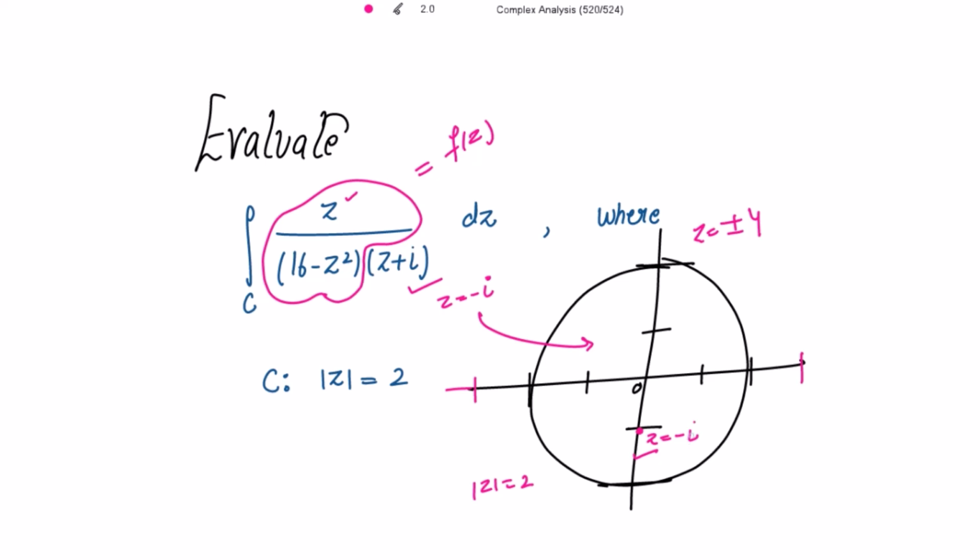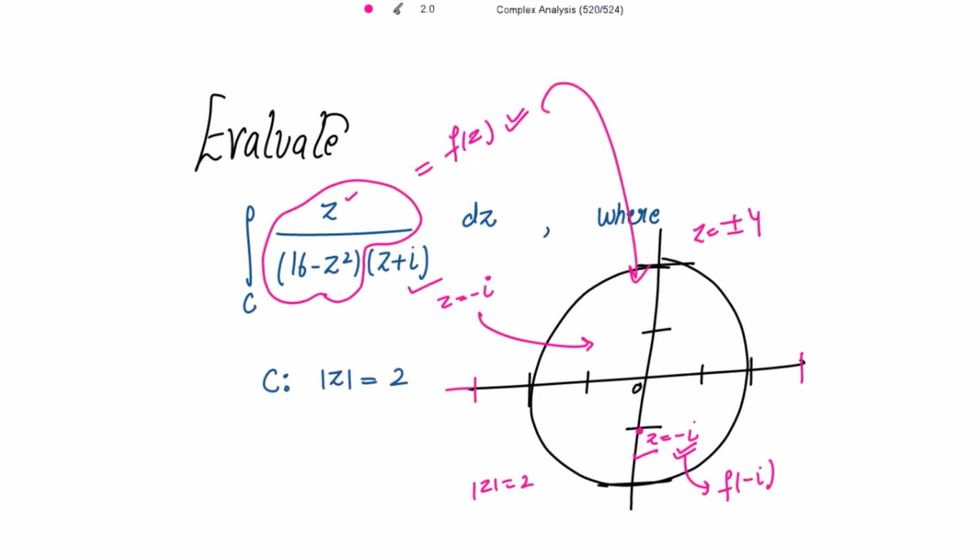And because we need to apply Cauchy's integral formula for this point, for that we also need the value of f(-i), right? The value of f(z) at the point z = -i. And this f(z) is analytic inside and on this circle |z| = 2.